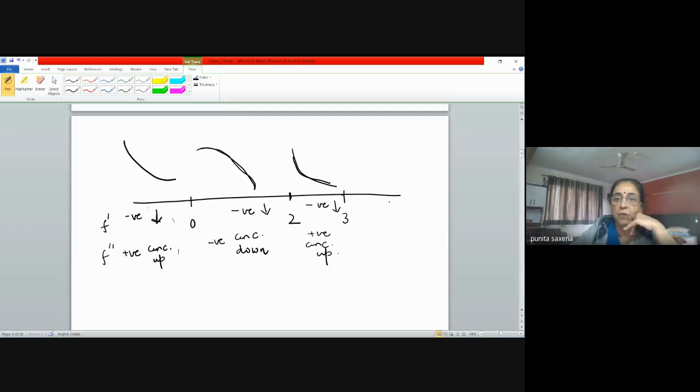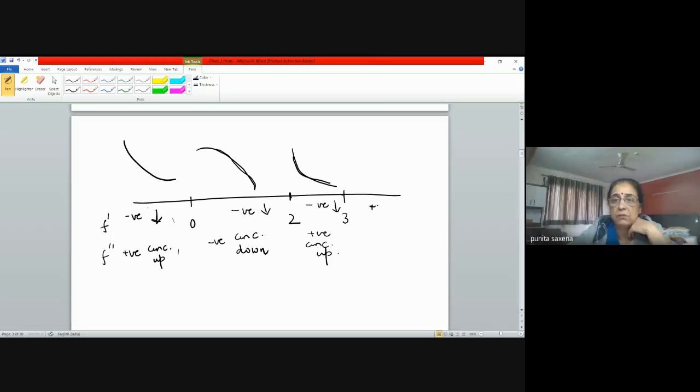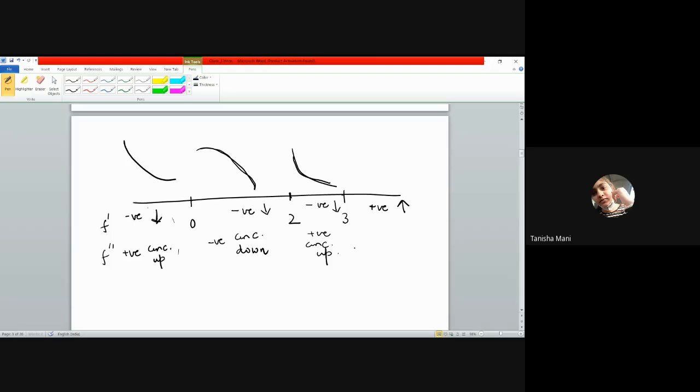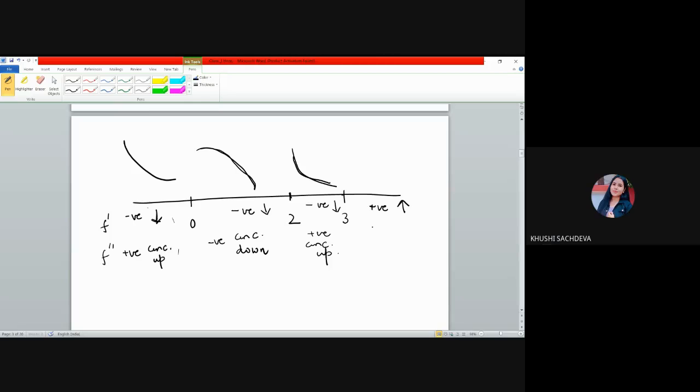Okay. Now what about x more than 3? F dash is positive. That means the function is now increasing, right? And what about f double dash? Positive. Concave up.